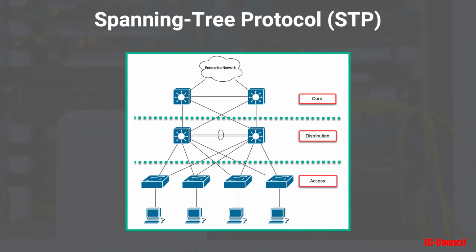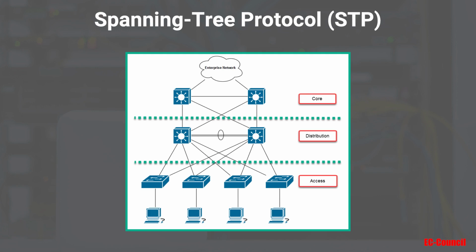In this diagram, we have the Cisco 3-tier hierarchical structure: the core, the distribution, and the access. Imagine PC1 wants to send a message to, let's say, PCD. Well, we said D, it's actually PC4. So imagine without spanning tree, PC1 sends a message to this switch, let's call this A1 for access switch 1.